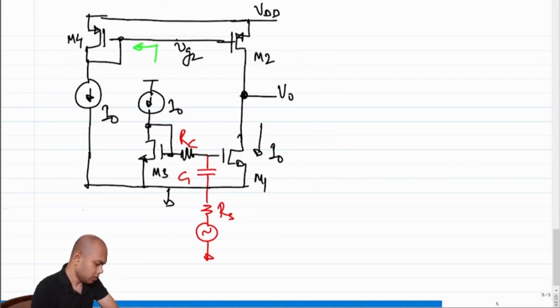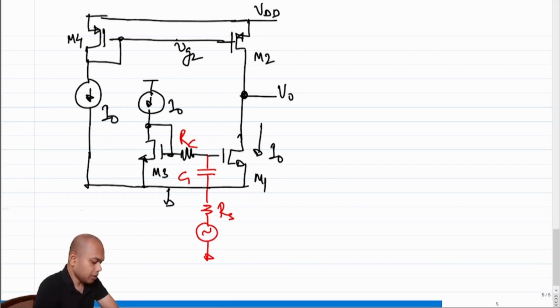Now you see there are 4 transistors, so we'll have to find out the condition of linearity, saturation and cutoff for all 4 transistors, right? Let's start off with the condition on M1. I will do a couple, then you can do the others. So what will be the condition for M1?